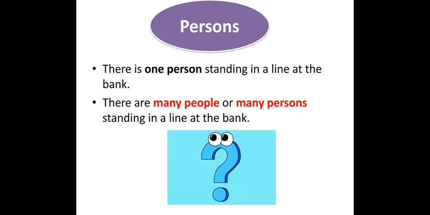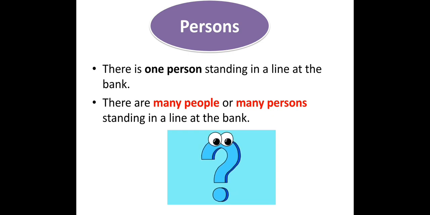There are many people or many persons standing in a line at the bank. I mean to say, plural for the word person will be people or persons. And the answer would be there are many people standing in a line at the bank. Why? You will come to know after watching this tutorial till the end.